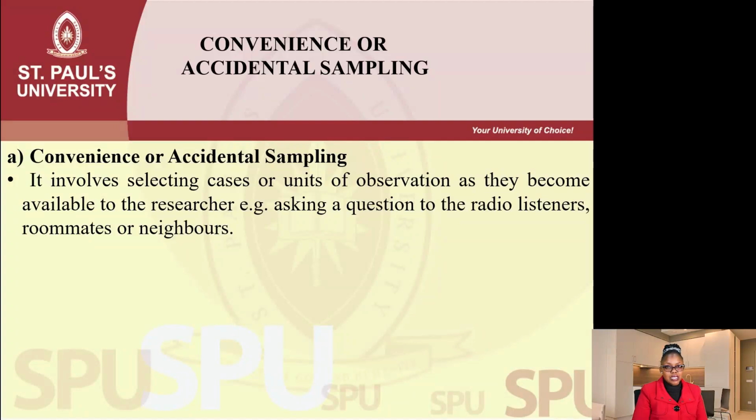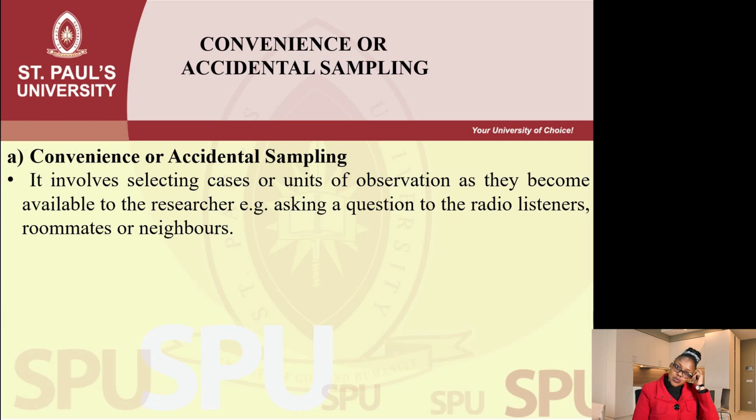As soon as you get information from them, either through a questionnaire or an interview, you move close to where maybe the chapel is. Then you find two gentlemen going for lunch. You stop them and explain the kind of research that you are doing. Selecting cases or units of observation as they become available to a researcher.